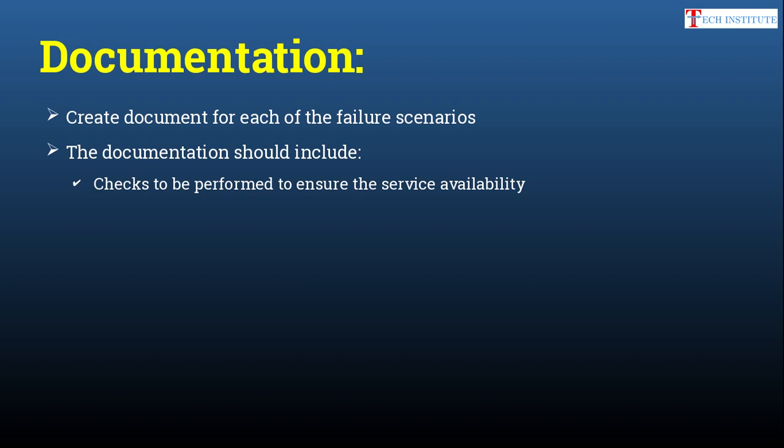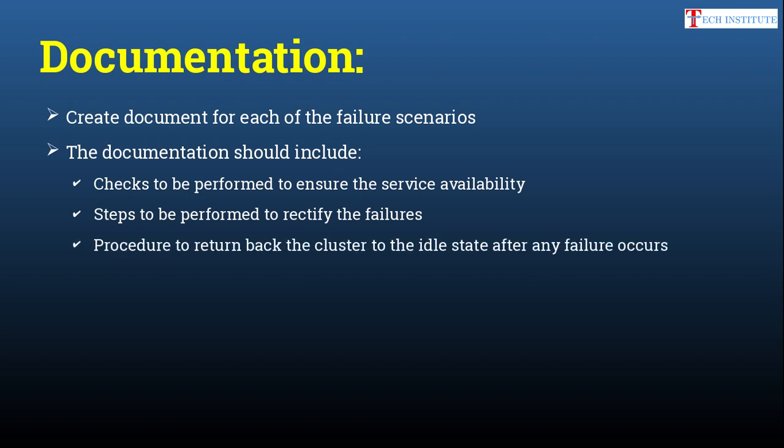So application functionality testing and all should be there, and steps to be performed to rectify the failures, how you can recover from that failure, and the procedure to return the cluster to the ideal state after any failure occurs. Like suppose it was running on node 1, it moved to node 2, how you can take it back again to node 1. That procedure also you should document.